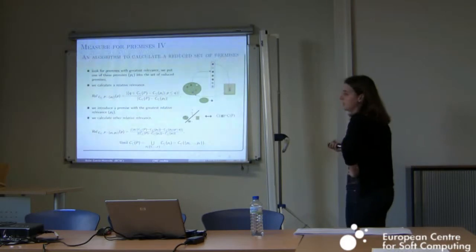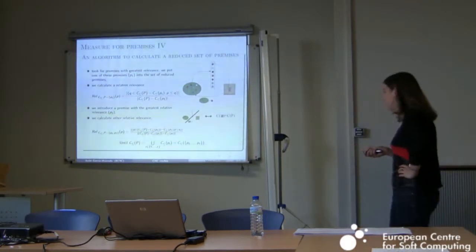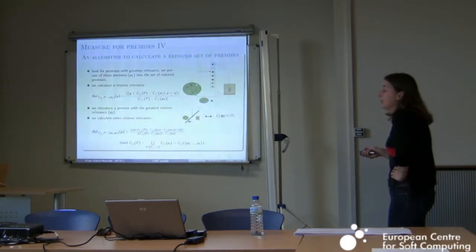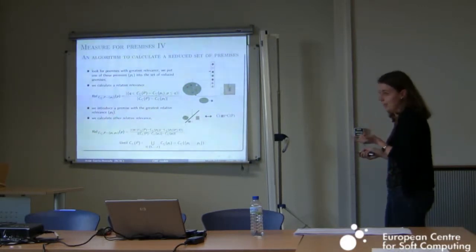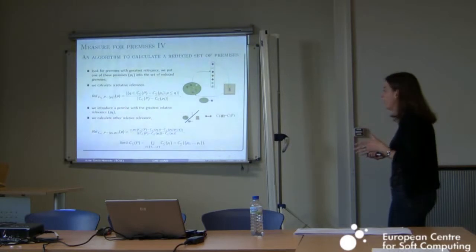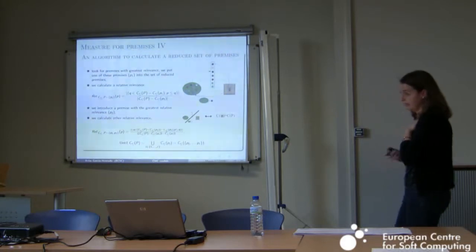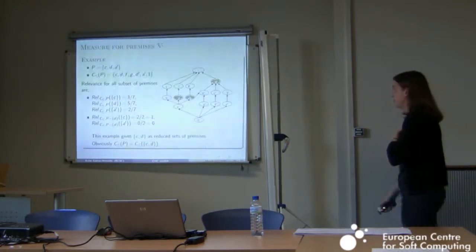And we repeat this process until we get a premise with relative support 1. And that will be when we have a set of premises that allow us to deduce the same consequences as the total set of premises.